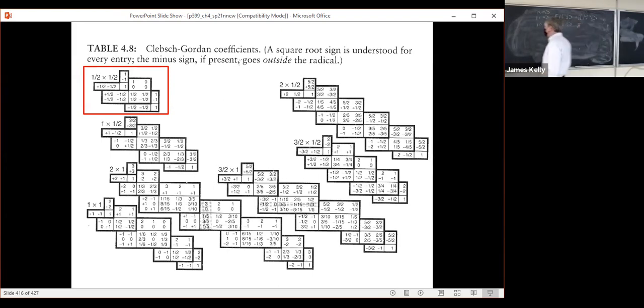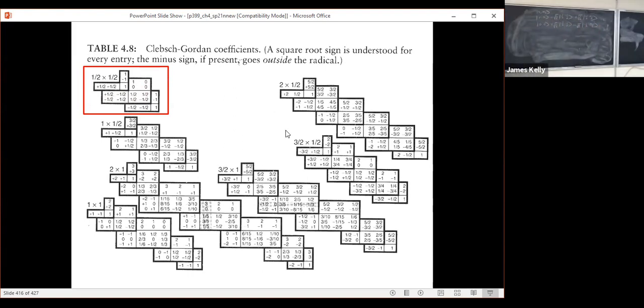So I'm looking at this second column here. Kind of hard for me to point so everyone can see, but the 0, 0 state is root 1/2 times this state minus root 1/2 times this state, minus root 1/2 times minus 1/2 plus 1/2. Okay. And those are the results we found out before.